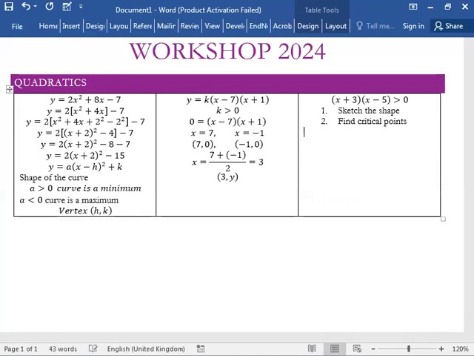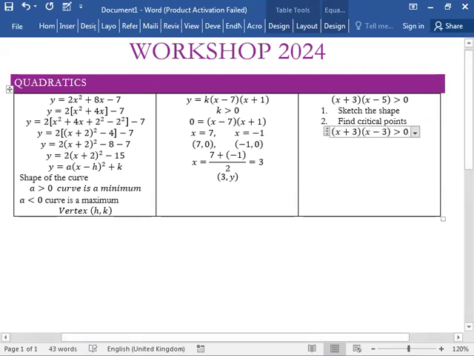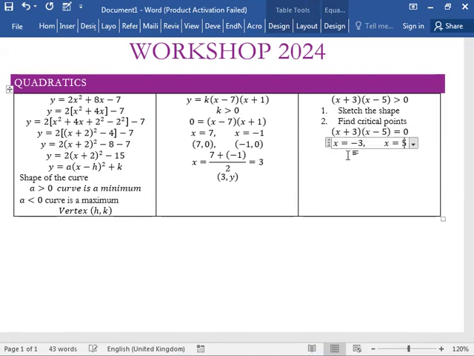उसको 0 रख देते हैं. Remember, the question is asking ये पूरा greater than 0 कब है? When is this entire thing positive? हम पहले निकालते हैं equals to 0, which is called the critical points, -3 and 5, right?